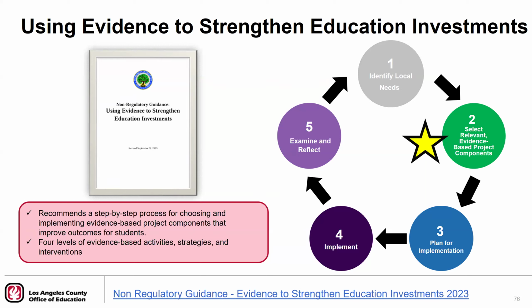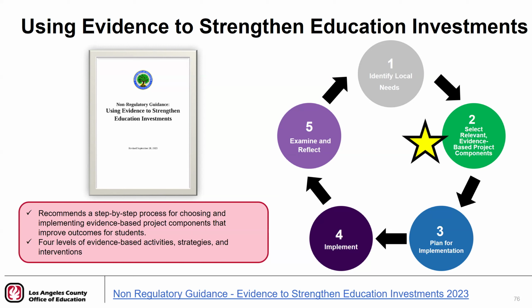It is helpful to note that this guidance refers to evidence-based activities, strategies, and interventions collectively as project components. This document also contains links to resources created and maintained by other public and private organizations. Now, there are 2 parts to this guidance.